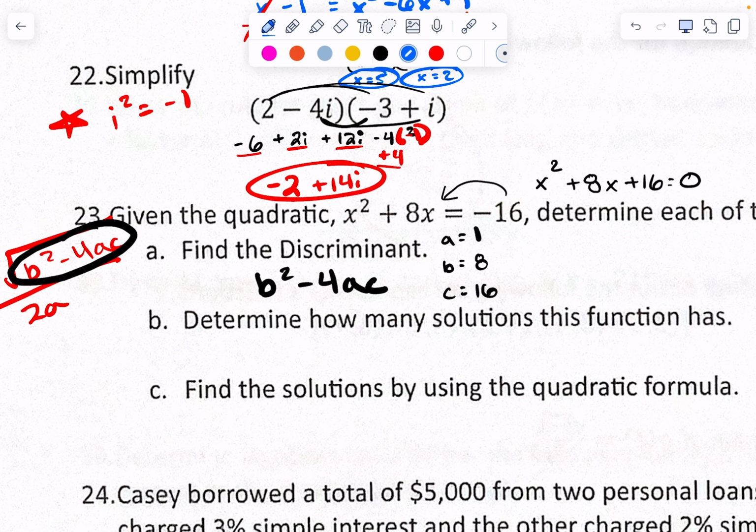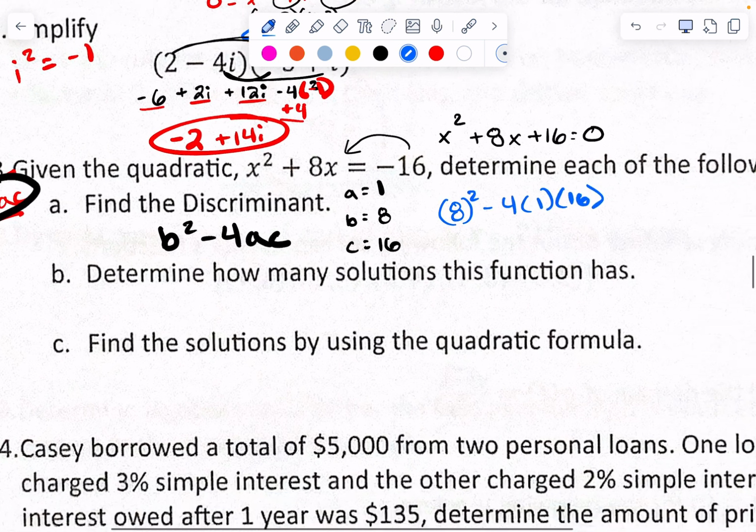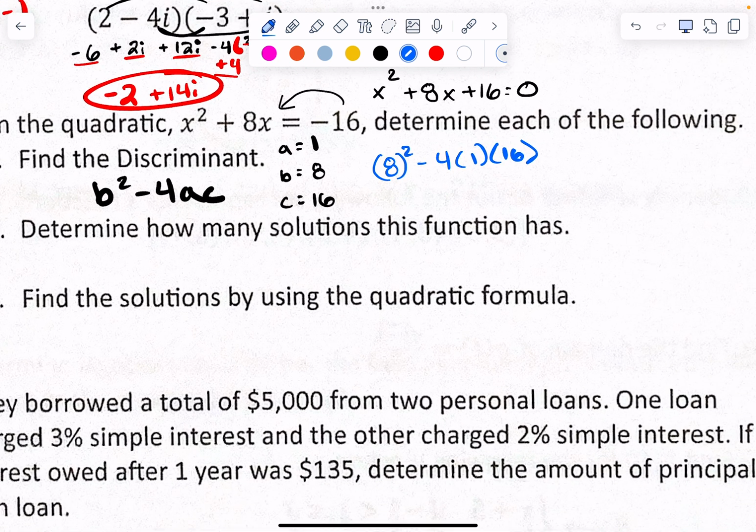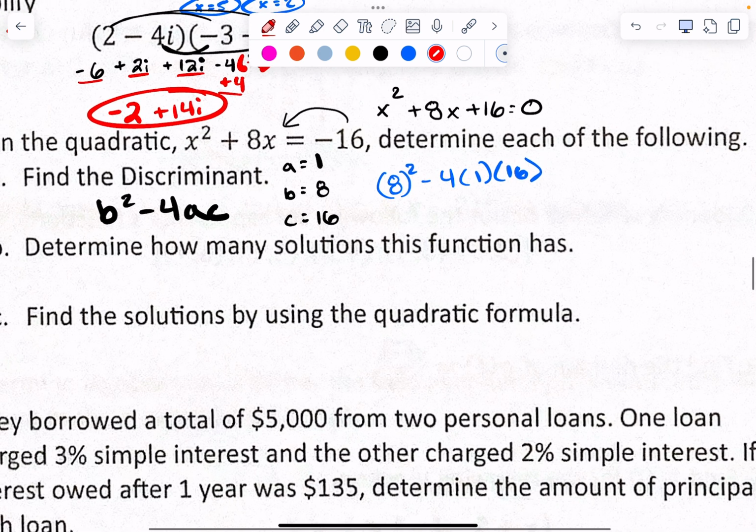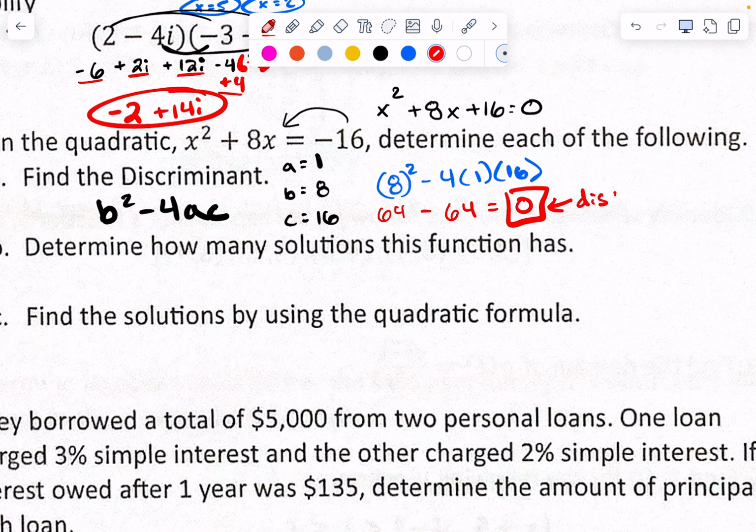Okay, so if I'm going 8 squared minus 4 times a times c. 8 squared, 64, minus 4 times 1 times 16, also 64. So the discriminant is 0. This is my discriminant. That's going to tell us something.